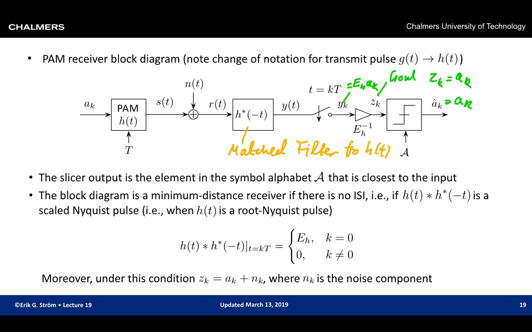So obviously the goal is that the output of everything should be equal to the input, because then we have perfect communication. One way to ensure this is that CK is actually equal to AK. But isn't AK in the beginning bits and AK in the end the symbols?